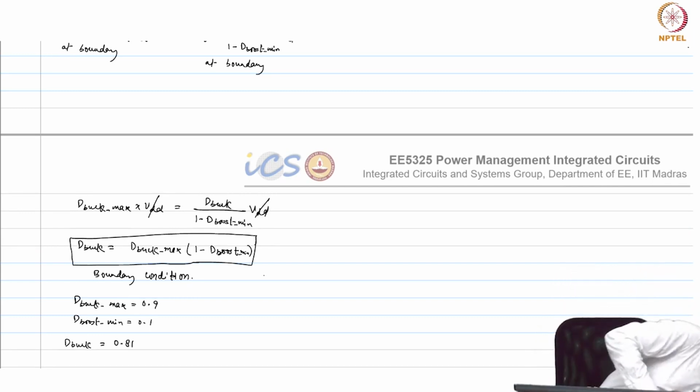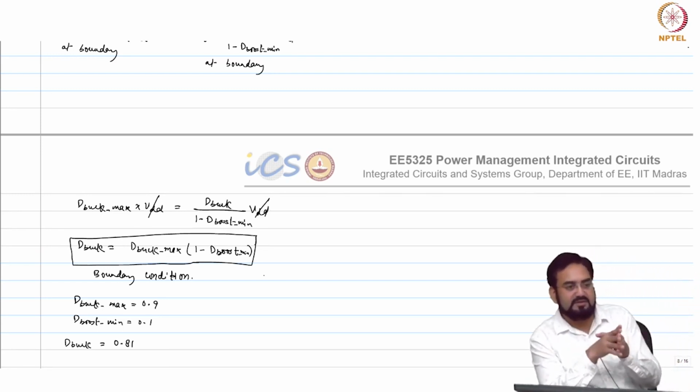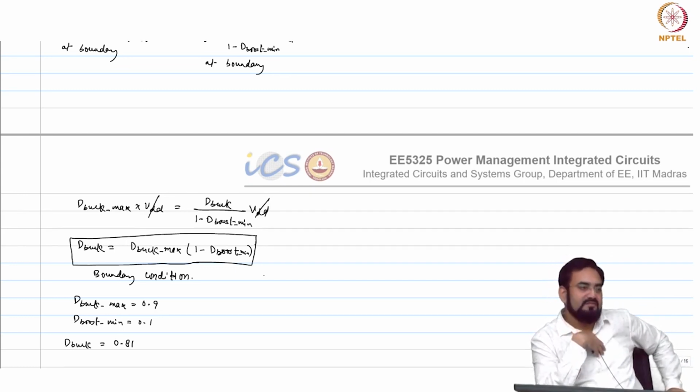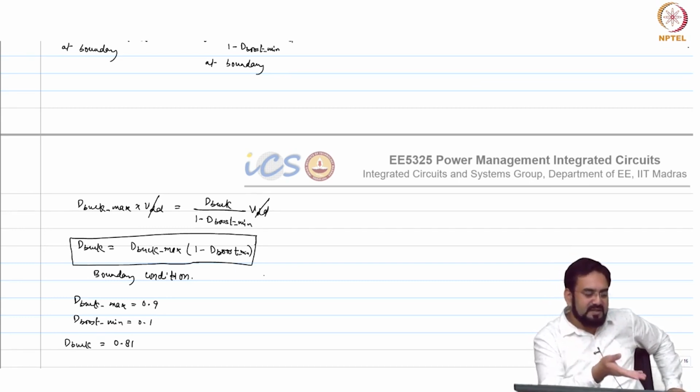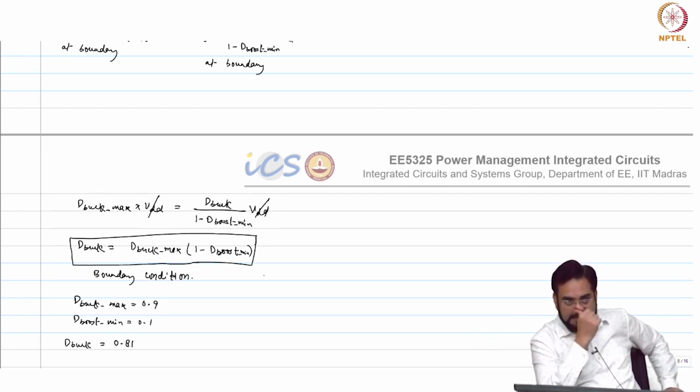Yeah, so you have to increase the D buck and let the D buck saturate, then after that you increase D boost. That is more logical. Why do I forcefully saturate D buck at 0.8 when I have D buck max available up to 0.9?